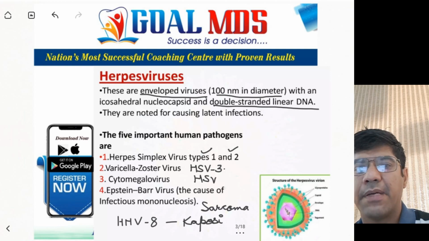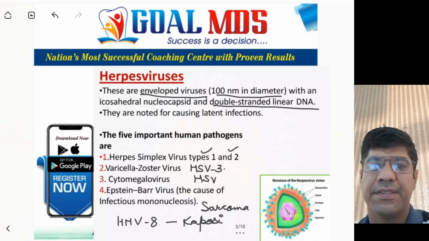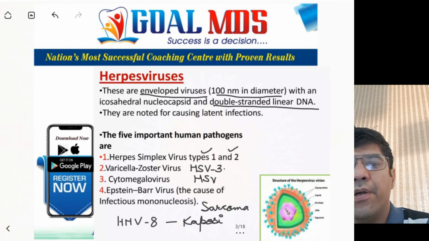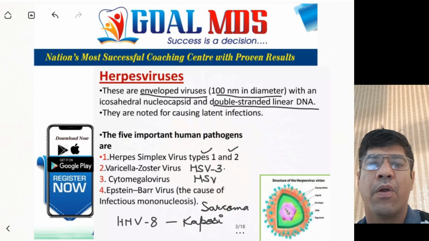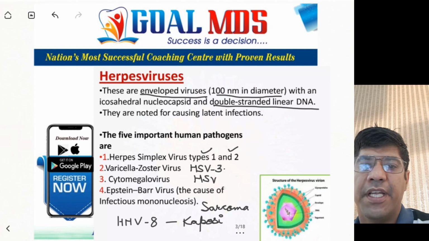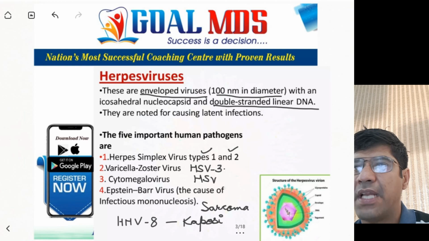Human herpes virus type 1 has a mode of transmission primarily through direct contact with infected oral secretions or lesions. It can be spread through kissing, sharing utensils, or coming into contact with saliva.